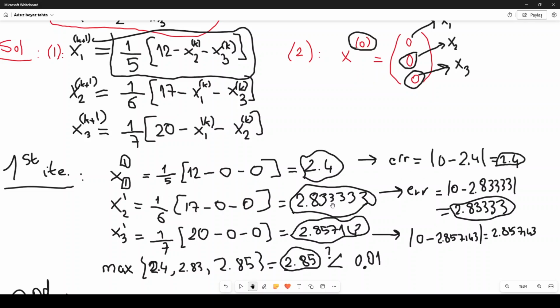And now we found the new values for each unknown variable, and then we check to see whether or not we satisfy the error tolerance condition.